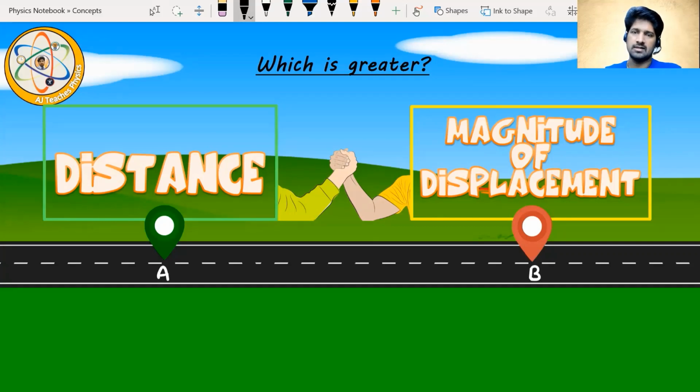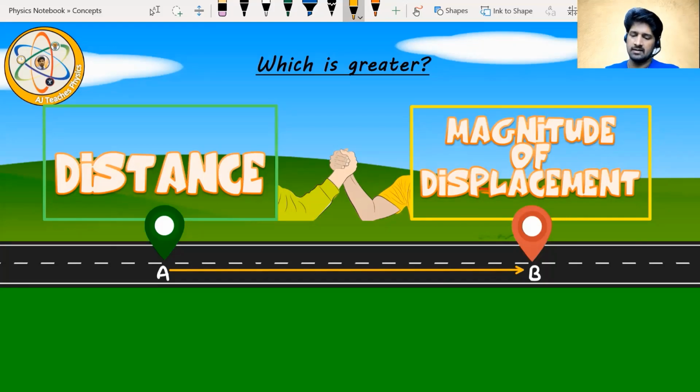We have already discussed that magnitude of displacement is the shortest distance between the 2 points. So the magnitude of displacement would be the length of this arrow drawn straight from A to B. Irrespective of the exact path followed by the object, the magnitude of displacement would always be the length of this arrow drawn from the initial position to the final position.